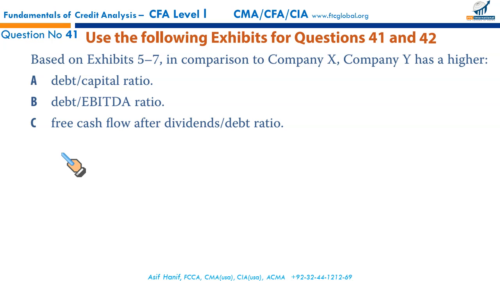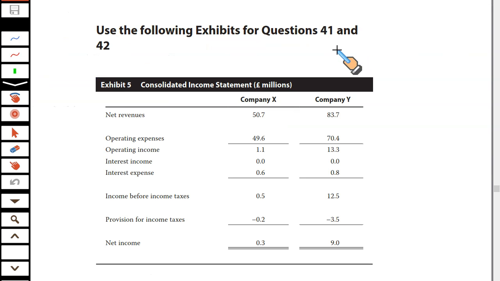Now we have 2 questions that require some reference to your curriculum exhibits. Use the following exhibits for question number 41 and 42. Which exhibits are these? 5, 6 and 7. Exhibit 5 followed by 6 and 7. And what exactly do we need from these exhibits? What do we need to calculate?